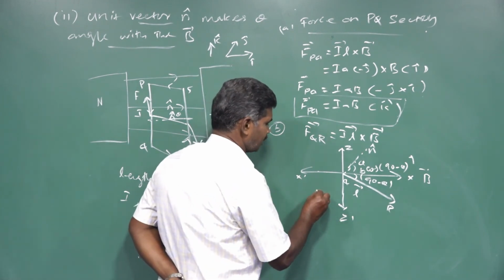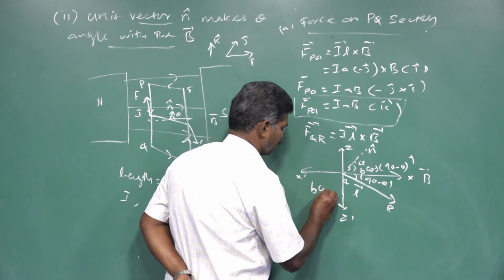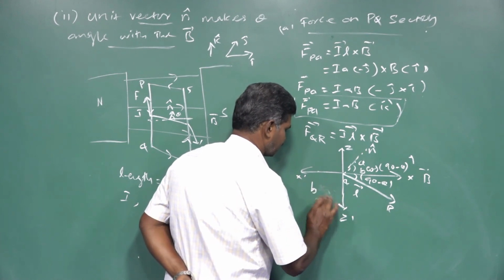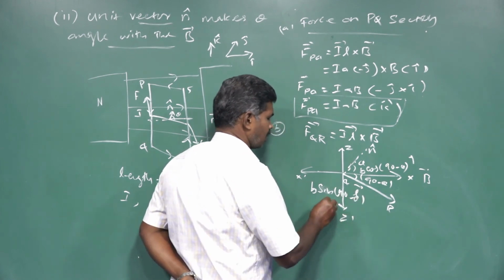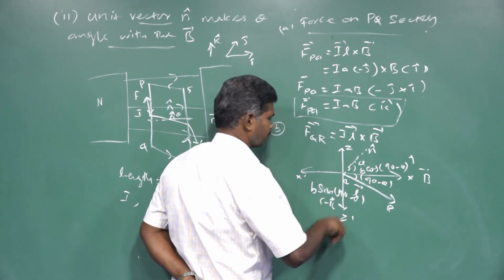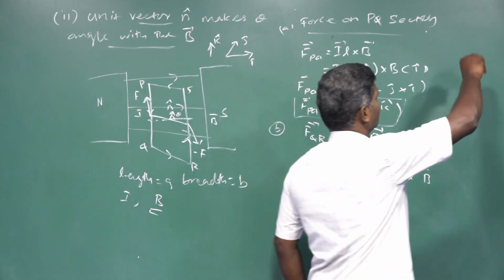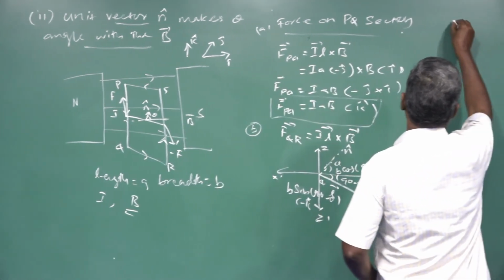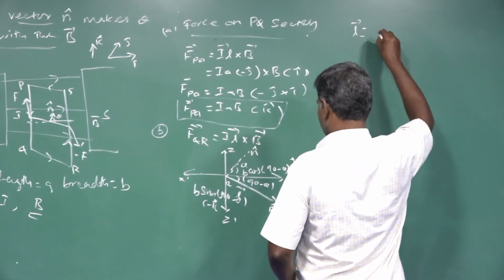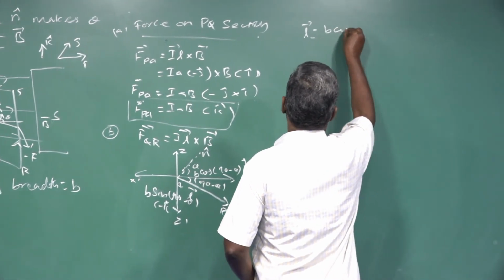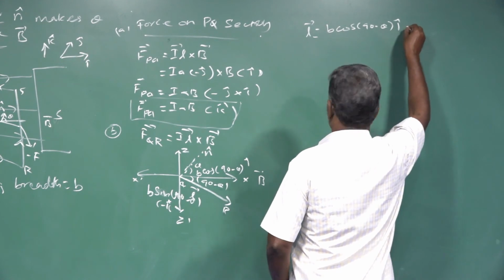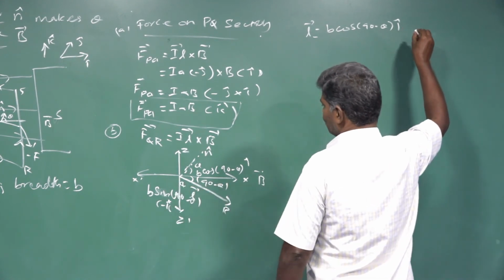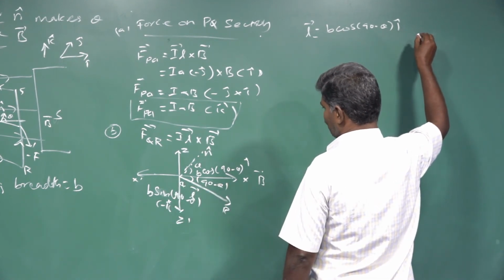That's why you can take on b, that is the perpendicular side, b sin of 90 minus theta into minus k cap. So for that QR side, L vector is equal to b cos of 90 minus theta into I cap plus b sin 90 minus theta into minus k cap.